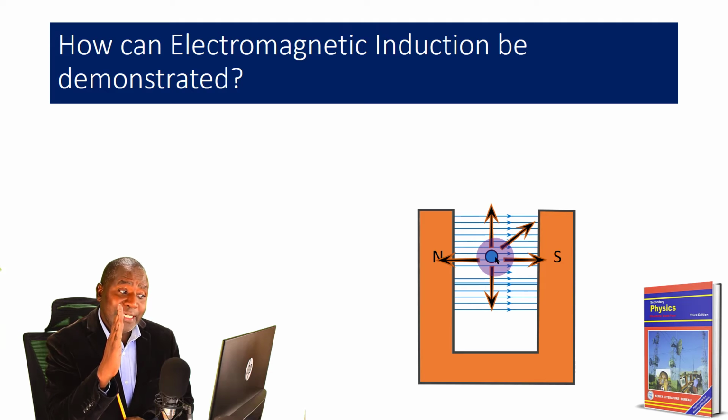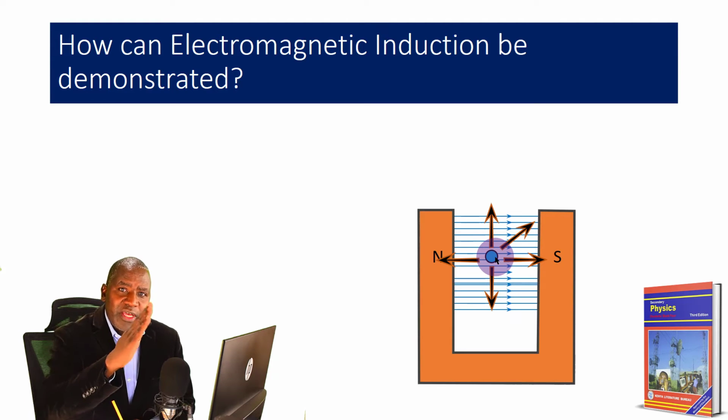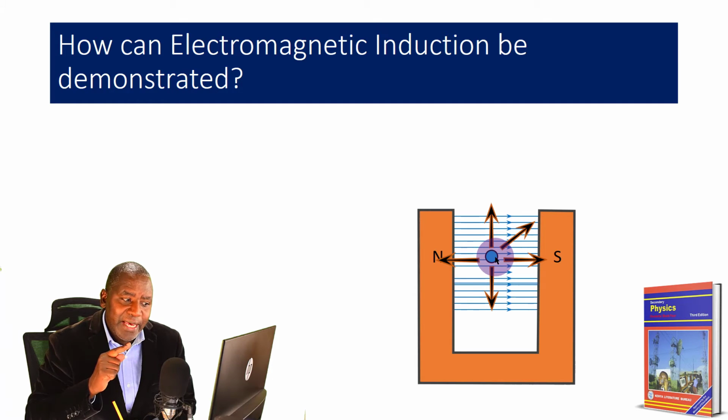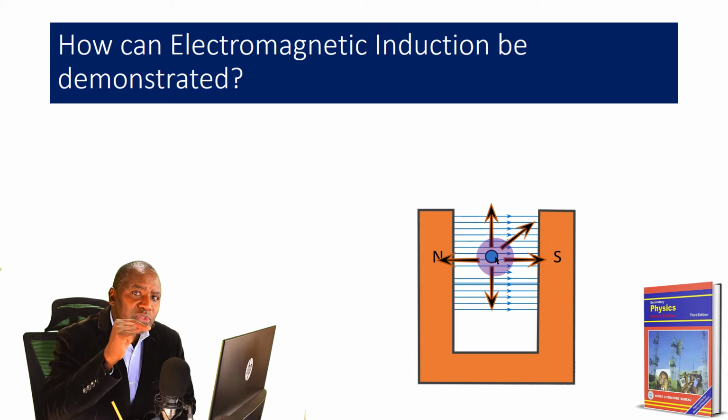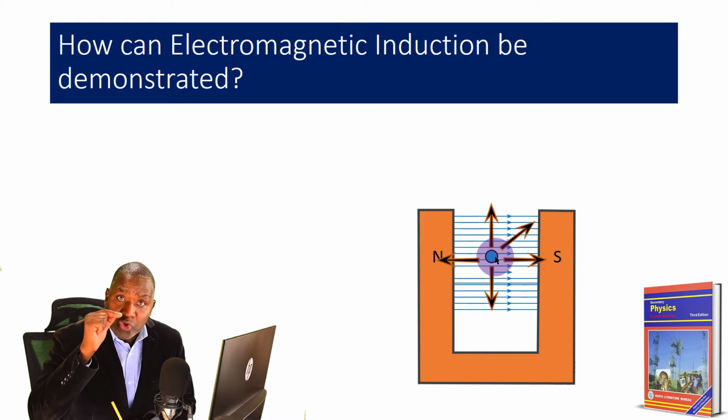When you move it downwards, the galvanometer deflects in the opposite direction, and then it comes back to zero. So changing the direction in which you move the wire changes the direction of the current, and that means that the direction of the electromotive force which has been induced in the wire, now it is time to use that term, induced in the wire.